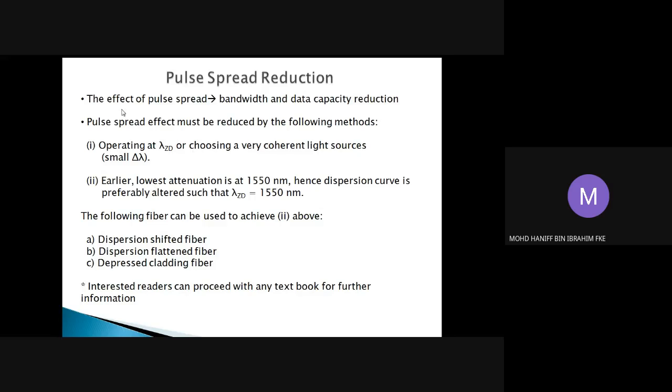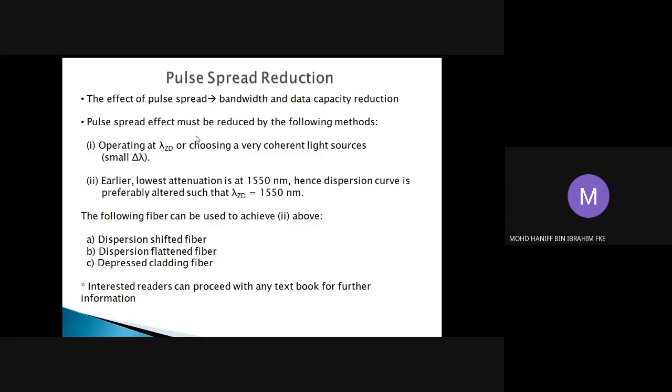These are the methods that can be used to reduce the pulse spread. Number one is by operating at lambda ZD, which is the zero dispersion wavelength. As we have learned before, we can use a wavelength at the zero dispersion wavelength so that the dispersion effect can be ignored.